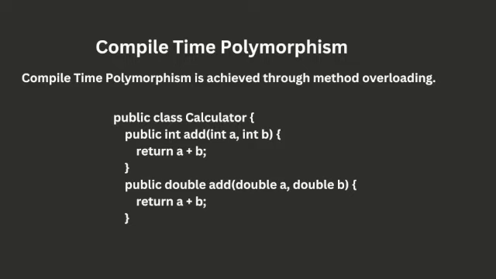I am also receiving the data as double. Let's say I have a different kind of data which will be a double. I am adding those and returning that double. So the method name is the same but the data type to be returned is different. That is called method overloading, which is compile time polymorphism.